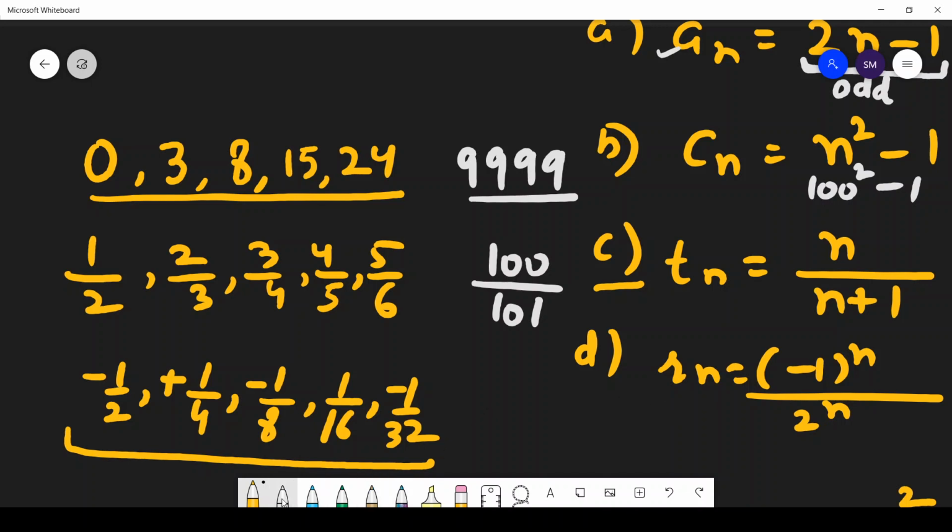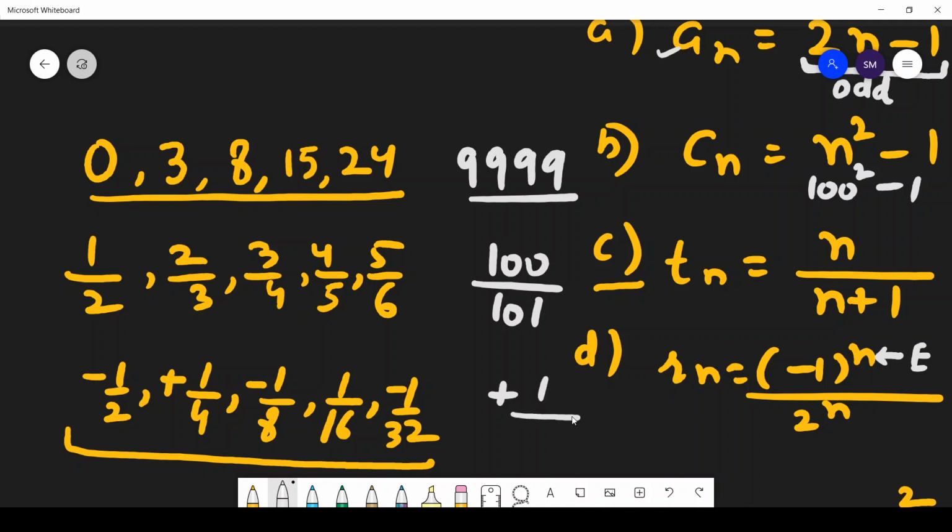What will be the 100th term? If n is even, what do we get here? Plus 1. So plus symbol. Now 2 raised to the power 100.